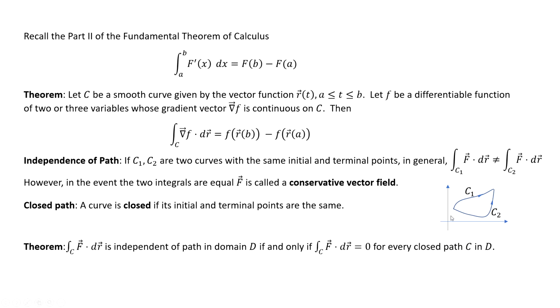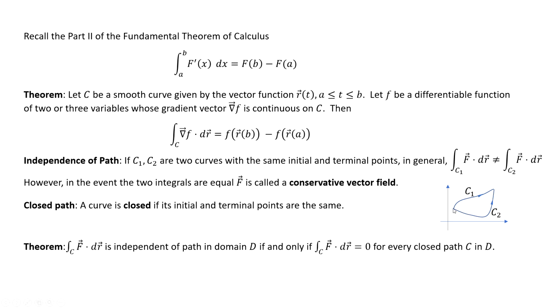Are you with me? I'm sorry about that. So if I integrate along this path, let's say I get a value of 3. Now, if it is independent of path, then if I take this other path, should I get the same value 3? Yes. Cool.